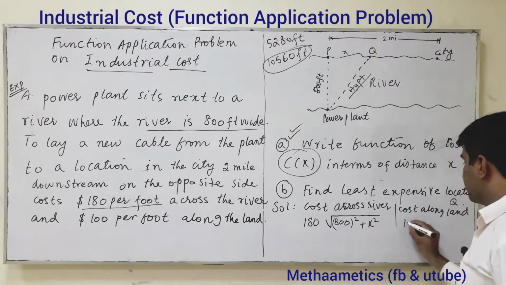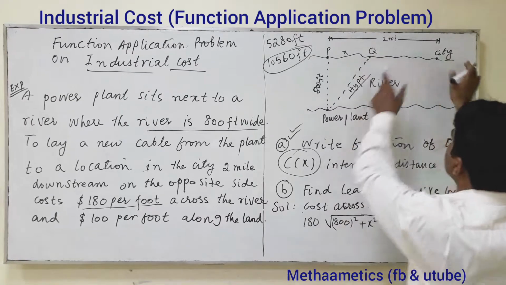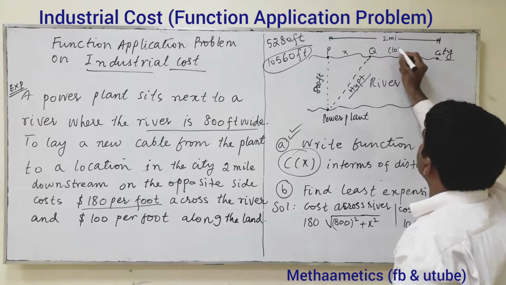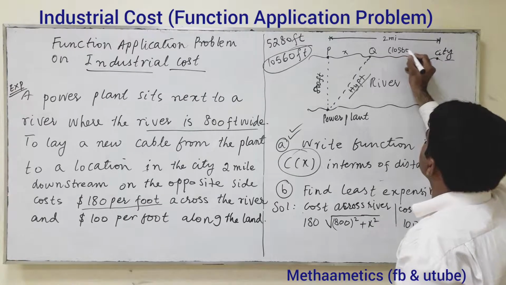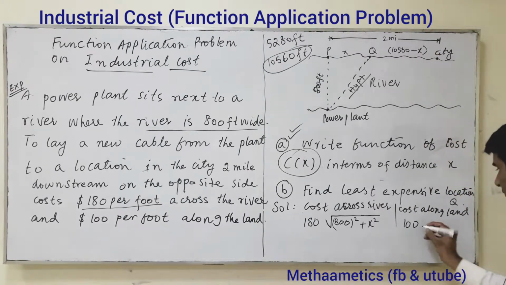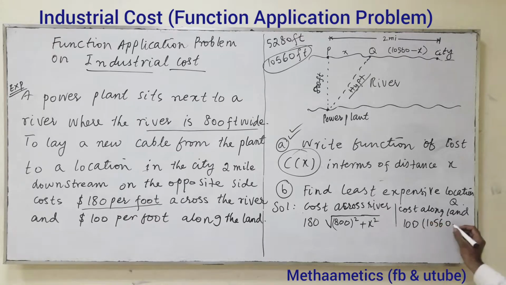The remaining distance will be 2 miles minus x, that is, 10,560 feet minus x. The remaining distance is the cost along the land.